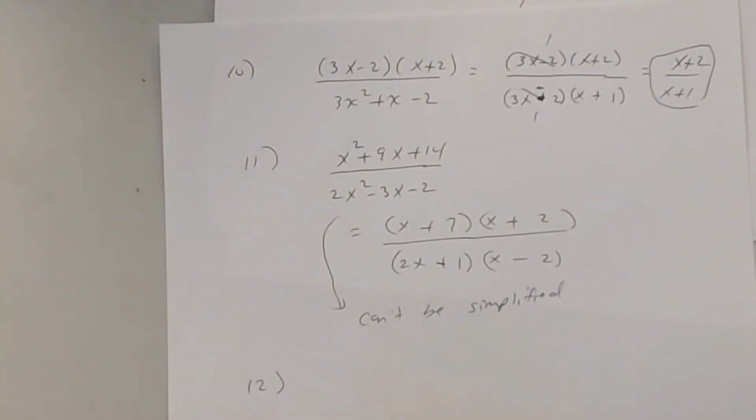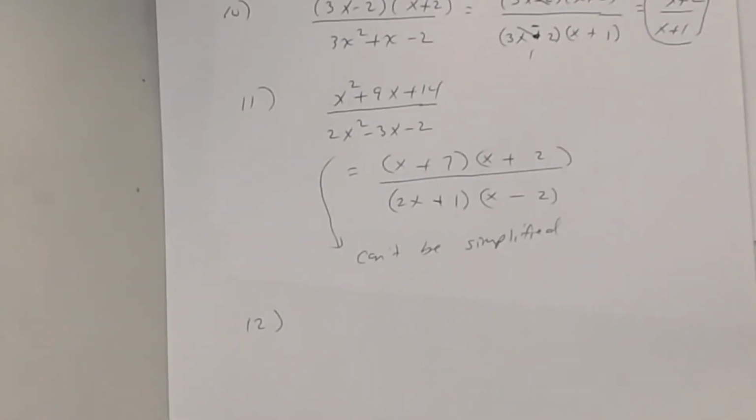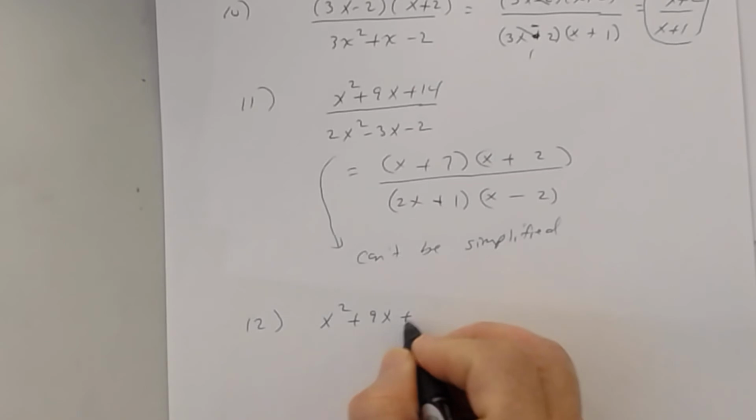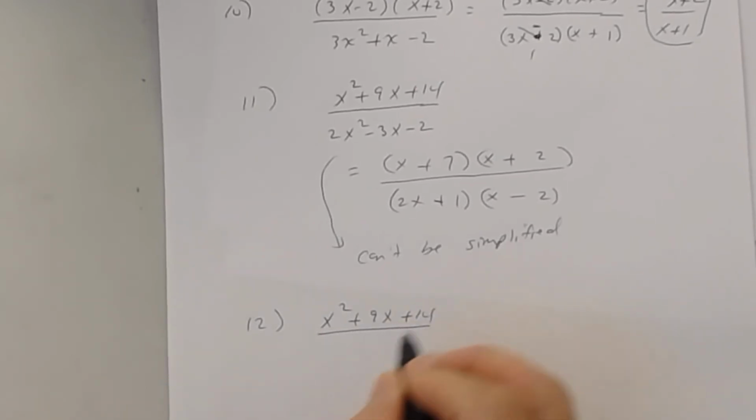But what if I had number 12? Let's do number 12. What if I change this to x squared plus 9x plus 14 divided by 2x squared, this time plus 3x minus 2. So the numerator stayed the same, right? The denominator changed. You see how it changed?